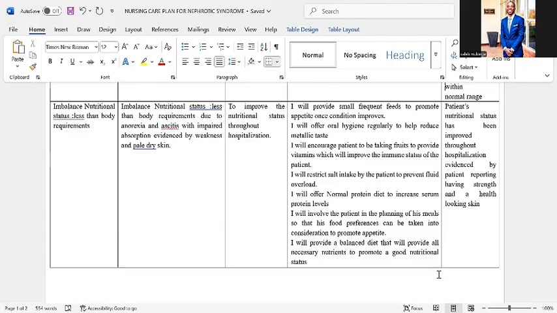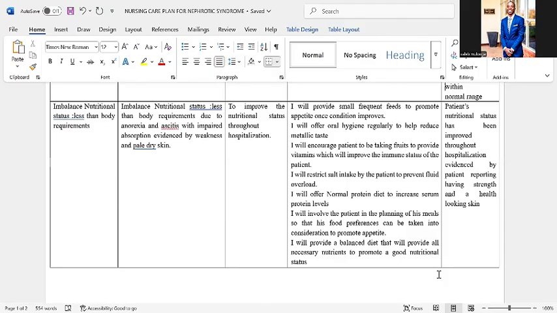So our nursing diagnosis is imbalanced nutritional status, less than body requirements due to anorexia and ascites with impaired absorption, evidenced by weakness and pale, dry skin.